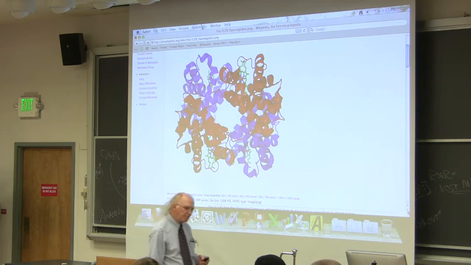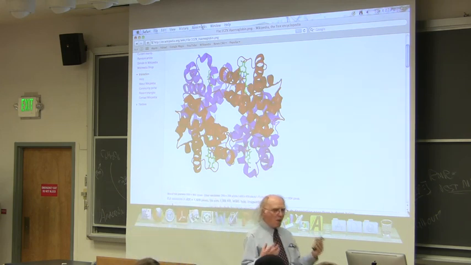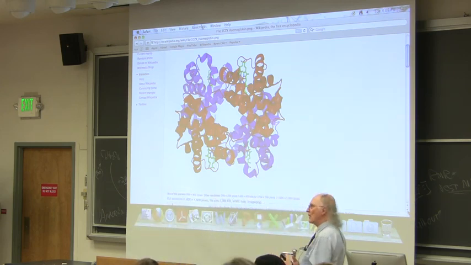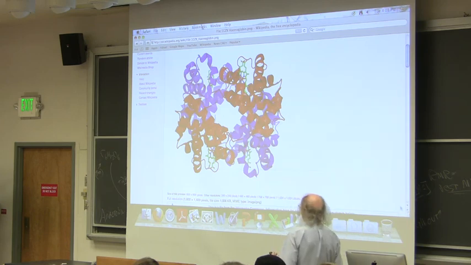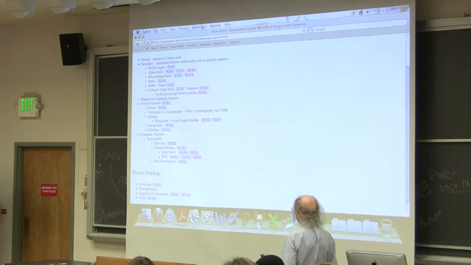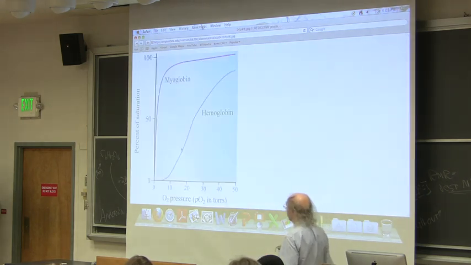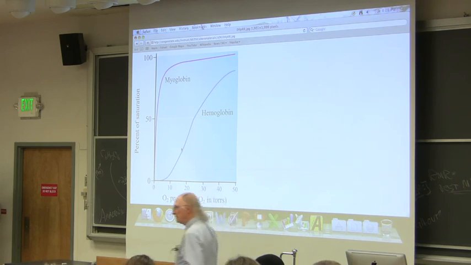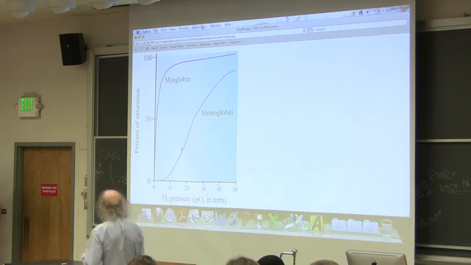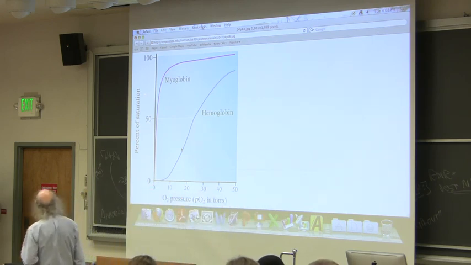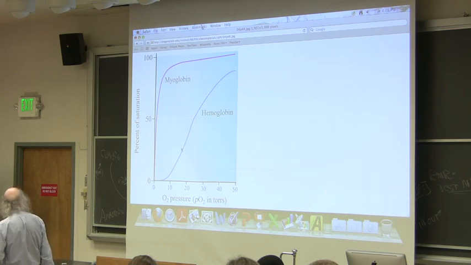Now, because hemoglobin has a multiple subunit structure, there are some very interesting properties that this protein has. So let's start with oxygen binding. I'm showing you a plot of percent saturation versus oxygen pressure.